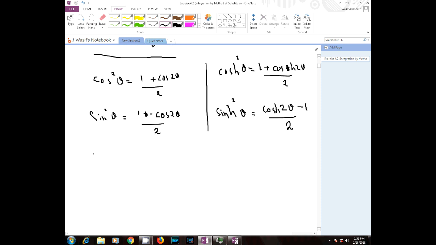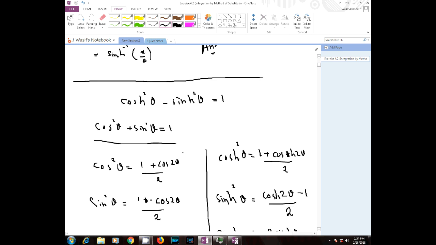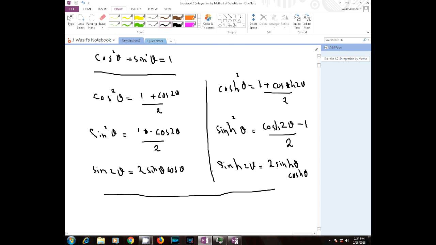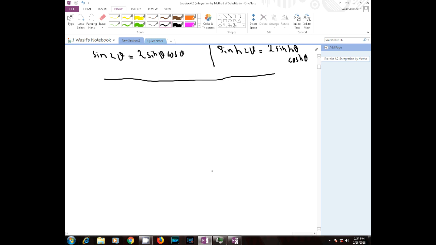And similarly, we know that sin 2 theta is equal to 2 sin theta cos theta. Similarly, in the hyperbolic functions, sinh 2 theta is very similar. It is equal to 2 sinh theta multiplied by cosh theta. So these are a few of the identities that we will use again and again in the future exercises. I have mentioned them in advance because I will use them again in the future exercises, but I will not explain them again.